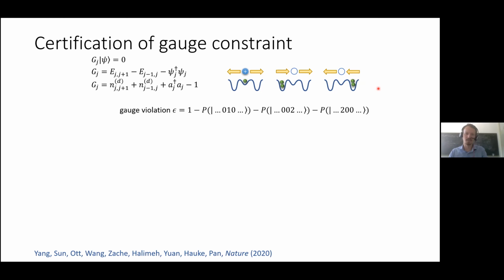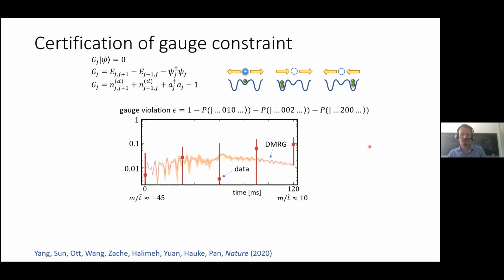So they combined different measurements. They don't have a quantum gas microscope, so they can't do snapshots, but they were able to measure different configurations and then sum up the probabilities. And so they got an upper bound on the probability to violate Gauss' law. And this is the result here.